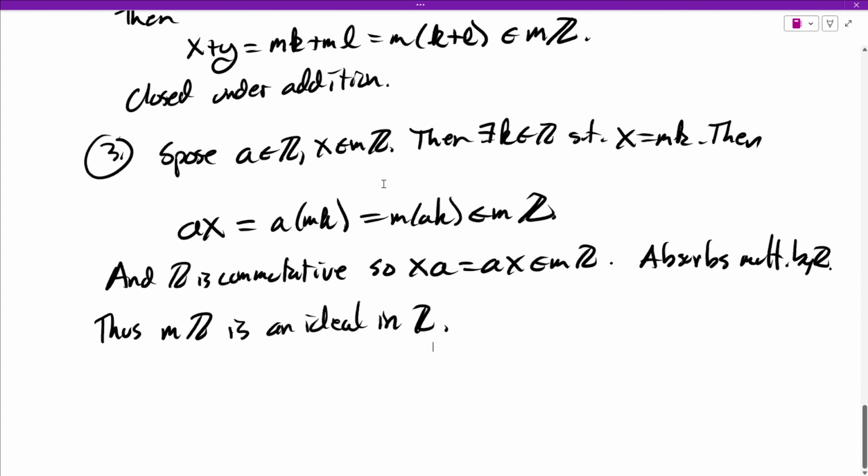So let me just note here in cautionary orange: mZ is the same as negative mZ, because the multiples of m are, of course, the same as the multiples of negative m. And so, although you have an ideal for every integer, they're not unique. You really only have a distinct ideal for every natural number.